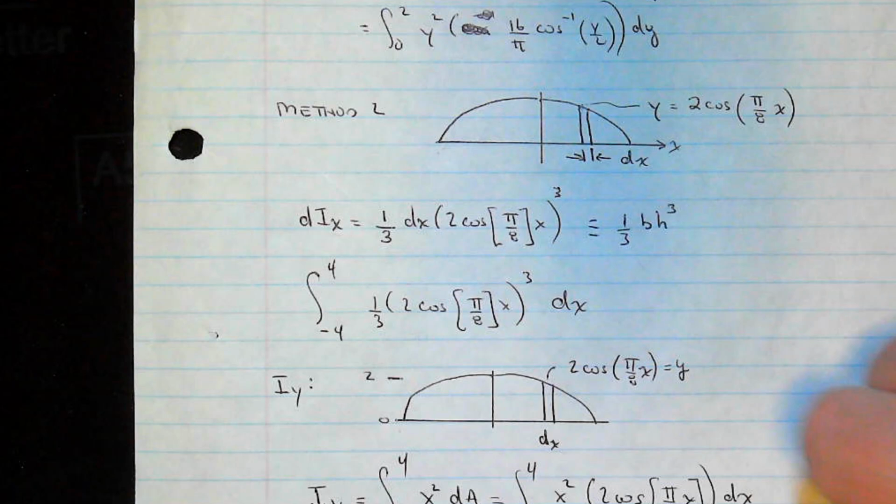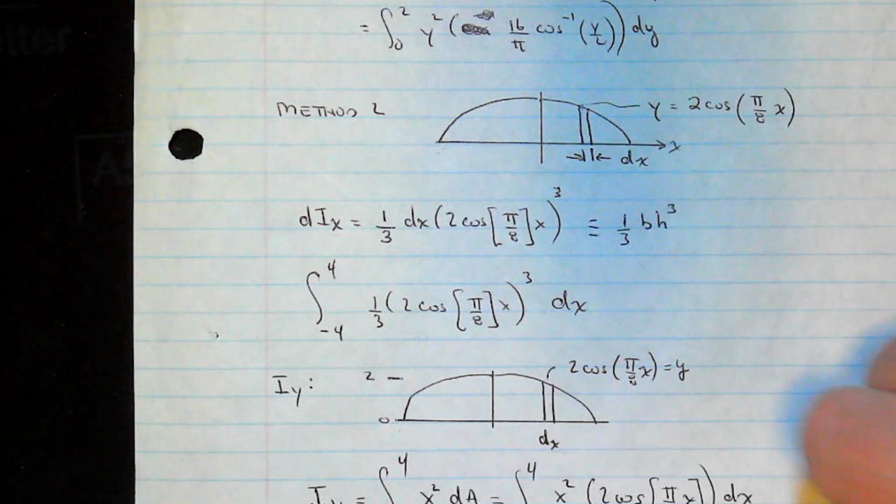It's 1/3 the base, which is dx, times this height up here, which would correspond to y, and it's 2 cos of pi over 8 x. So as I let x go from -4 to +4, y takes on all values as it takes on these various heights. So I can add that all up.